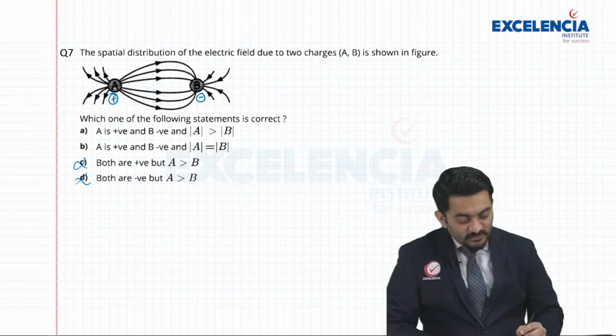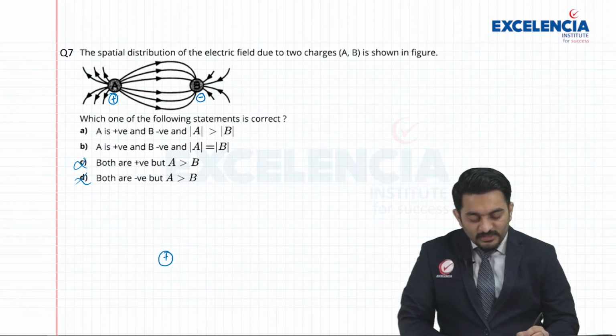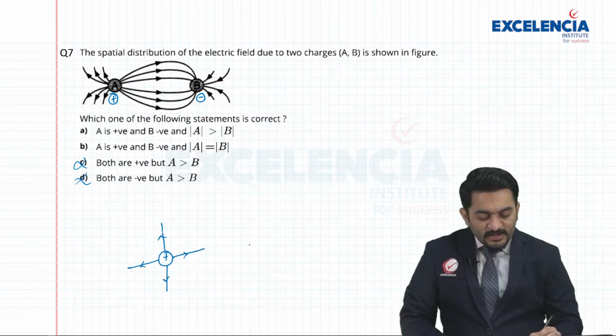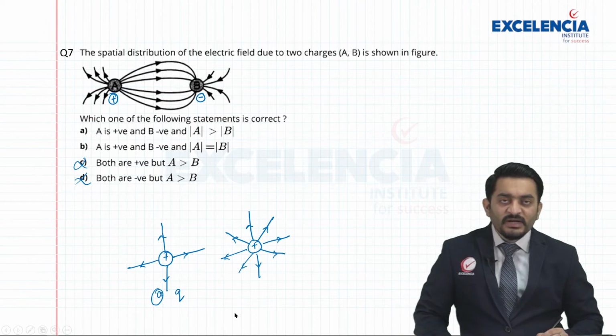What you need to understand here is that for a positive charge, the electric field is radially outward. At the same time, if I draw one more positive charge, you can visualize that for this first charge A, if I have drawn 4 lines and I say this is Q, and then I increase the number of lines, what does it indicate?